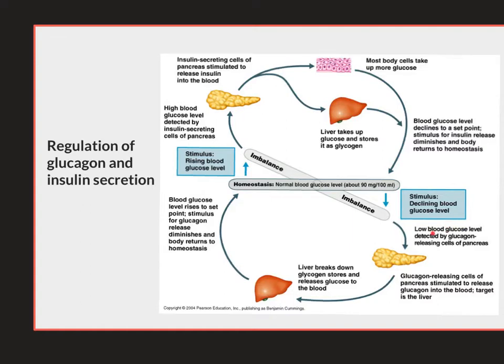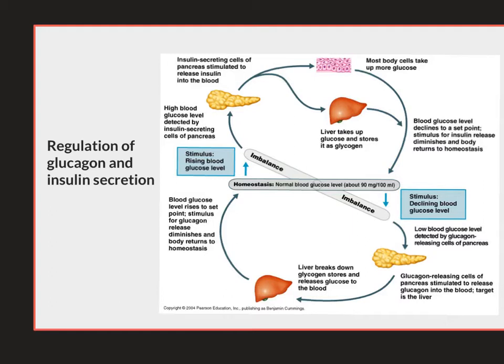So the alpha cells detect that blood glucose levels are low, and they can then release glucagon. Glucagon would then travel into the blood, and the target for glucagon is going to be the liver. When glucagon gets to the liver, it's going to cause the liver to release the glycogen stores, break them down, and create more glucose. So when we break down glycogen, we can get more glucose out of there.